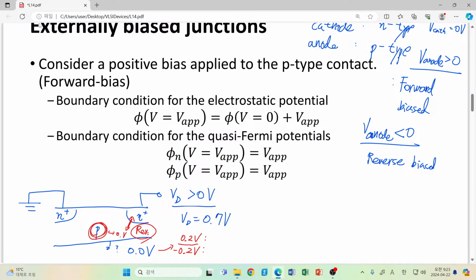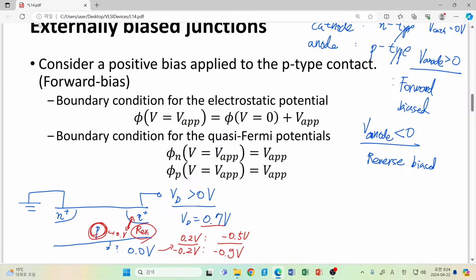So now think about this one. If we have 0.2 volt on the substrate and 0.7 volt on our drain, this drain-substrate junction is still minus 0.5 volt from the viewpoint of anode voltage relative to the cathode voltage. There is no problem there, but potentially one of them causes a problem.